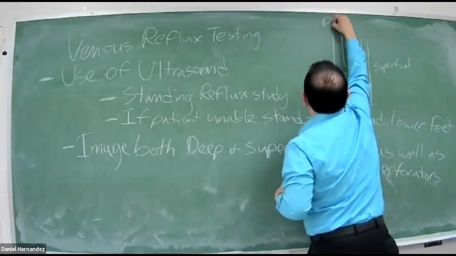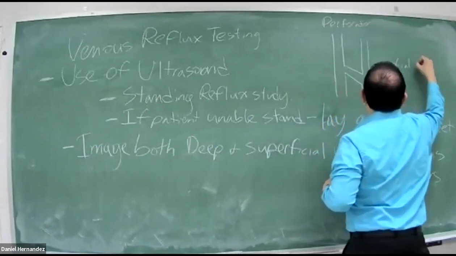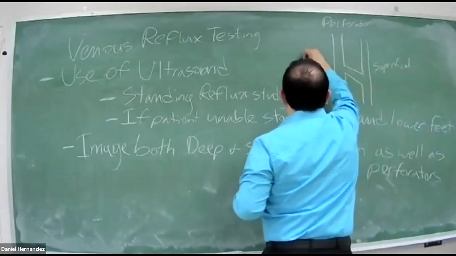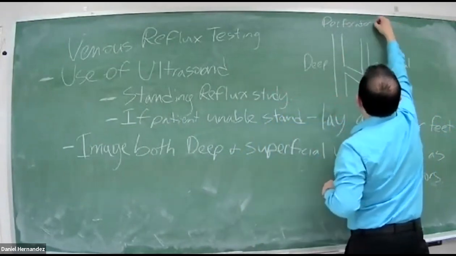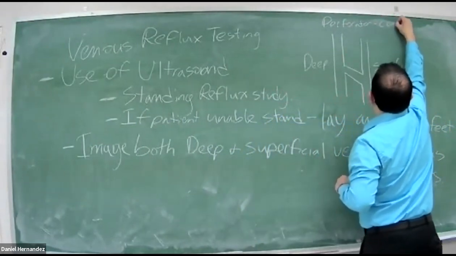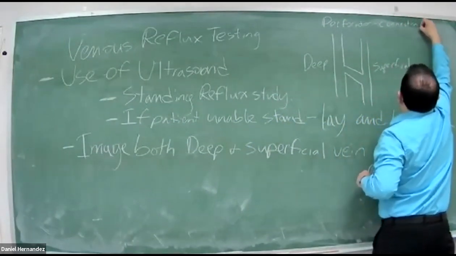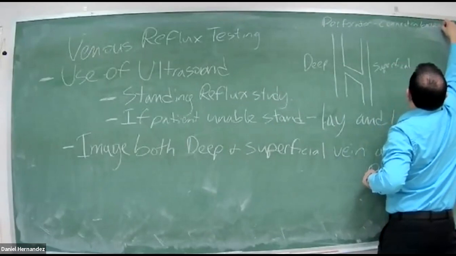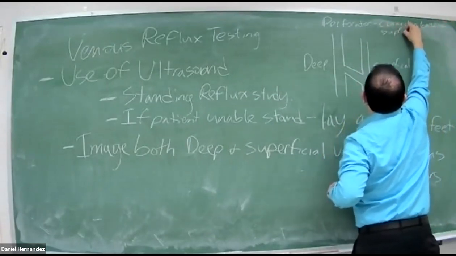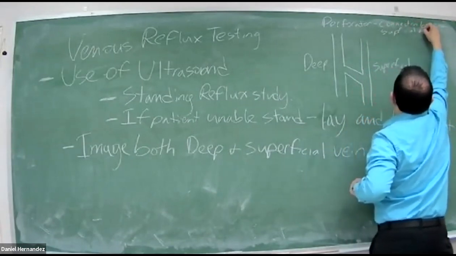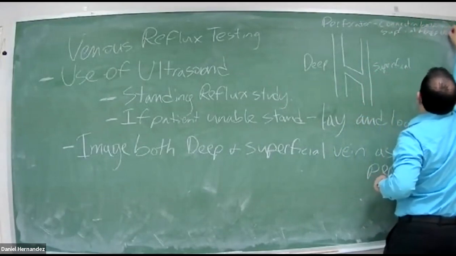This is a perforator. So a perforator vein is a connection between superficial and deep systems, deep veins.